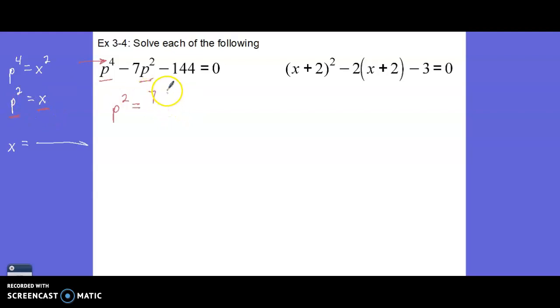So x equals negative b plus or minus the square root of b squared. 7 squared is 49. Minus 4 times a times c, all over 2a. 2 times 1, you can just leave it as 2. So now when we simplify this, we'll just have one more step at the end, the square root to solve for p.